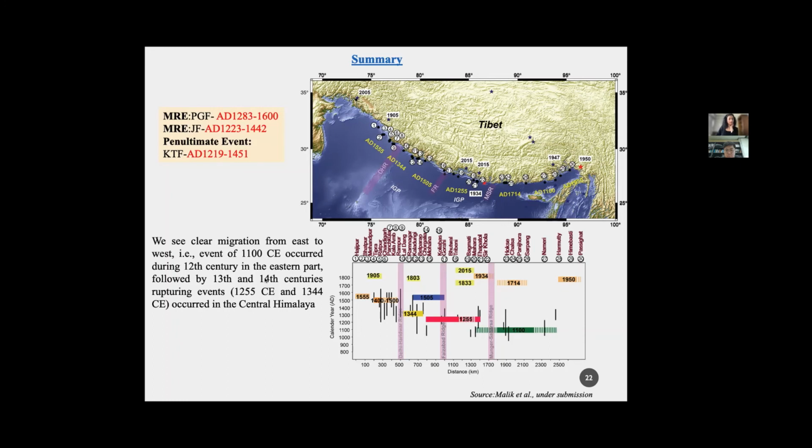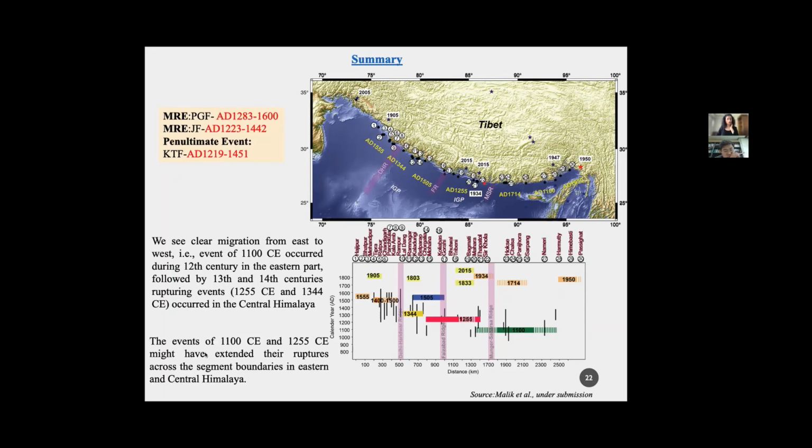So we suggest that there is a clear migration from east to west, that is, events of 1100 AD occurred during the 12th century in the eastern part, followed by 13th and 14th century ruptures, which occurred in central Himalaya.